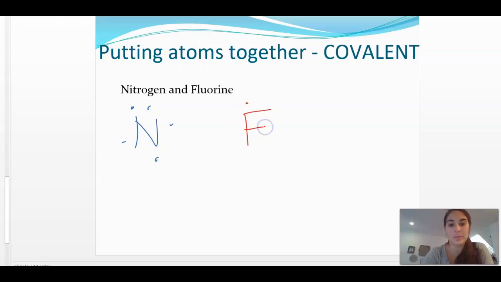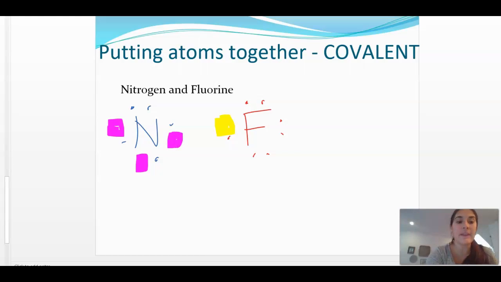It ends in 2s2, 2p5, so 1, 2, 3, 4, 5. When we look at these, they both have space where bonds can form. Fluorine has space right here, and nitrogen needs 3 electrons.